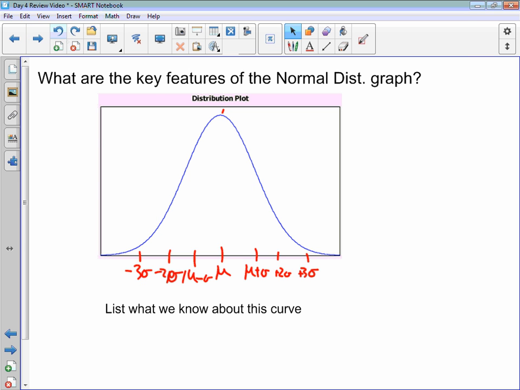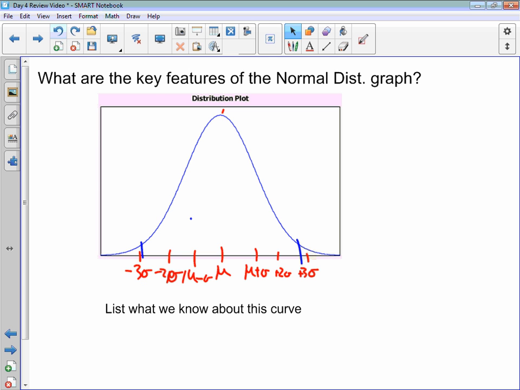Between here and here is 95% of the graph, or 95% of the individuals in the data set. And between here and here, 3 standard deviations above and below, is 99.7% of the data set, or almost everything.